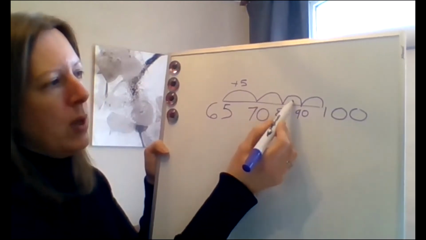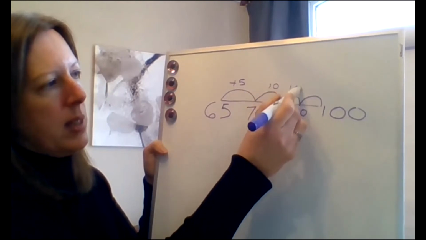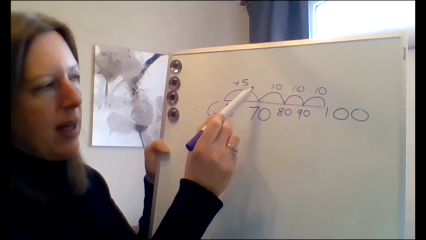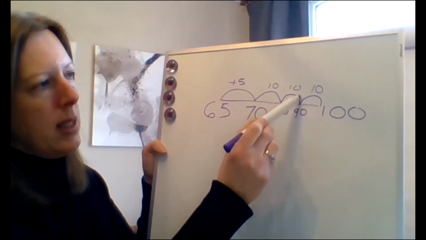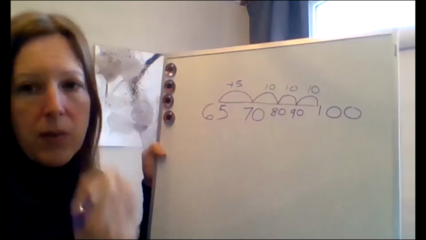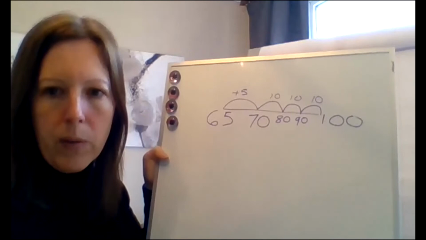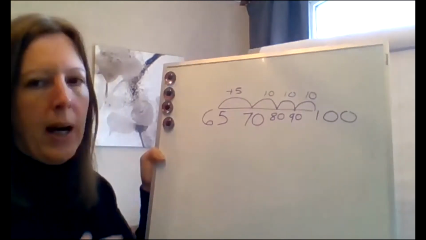So I've got 3 10s here: 10, another 10, and another 10. So altogether, I have jumped 5, 10, 20, 30. So 35 altogether to get from 65 to 100. Okay, so it should be 35 that you've got as your answer.